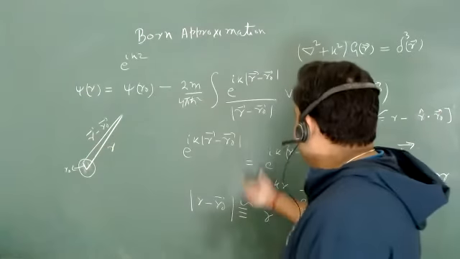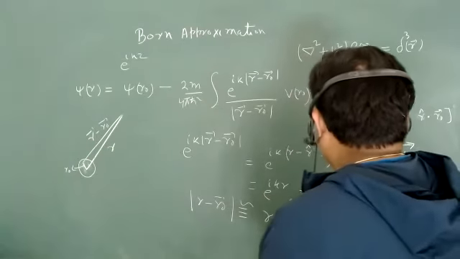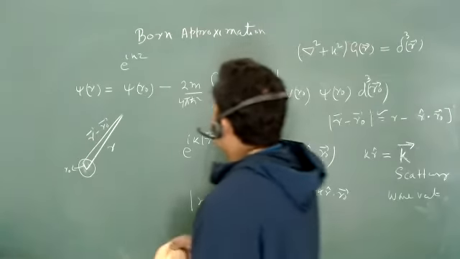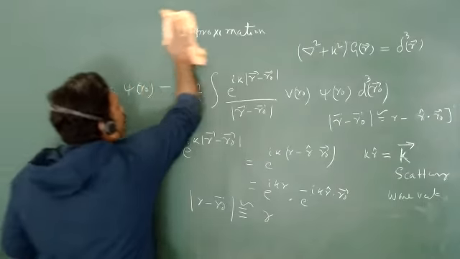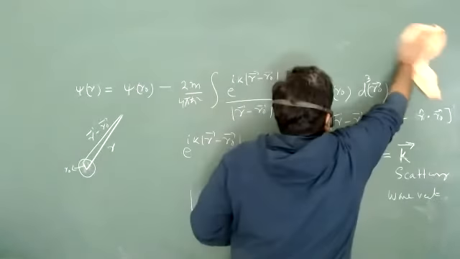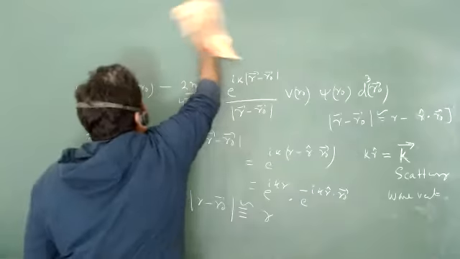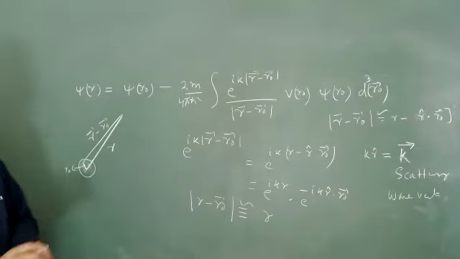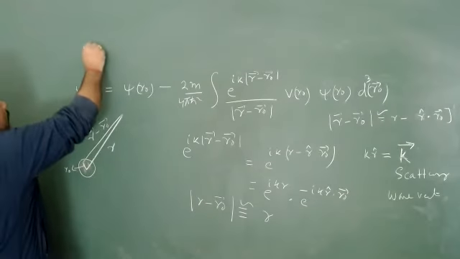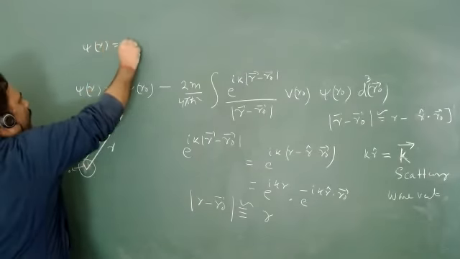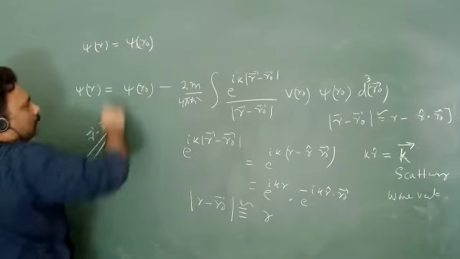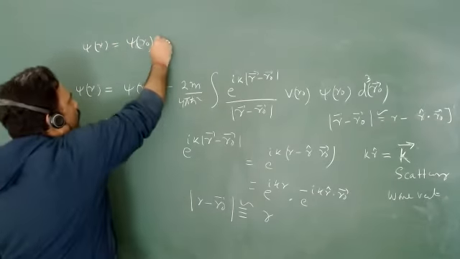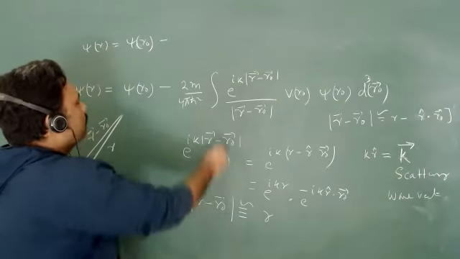So why have we taken this particular thing? Now look at what is going to happen here. I need all this, so I will write it all here. We have psi r as psi naught, or psi r naught, and we have minus.